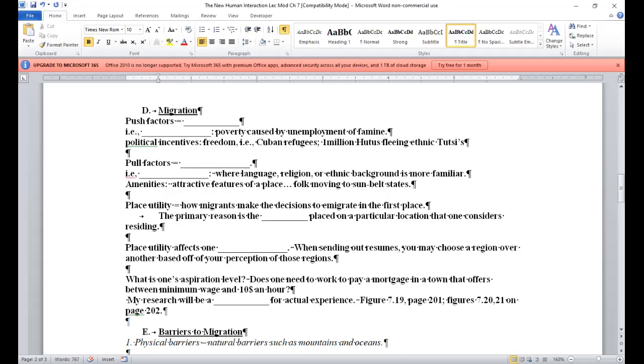Then you've got your pull factors. These are the attractive attributes of a place. Could be cultural factors where language, religion, or ethnic background is more familiar, or the amenities of a place, the attractive features of a place. I had some good friends, I lost contact with them many years ago, farther east, and they lived in a fairly conservative area, and they weren't happy about that.